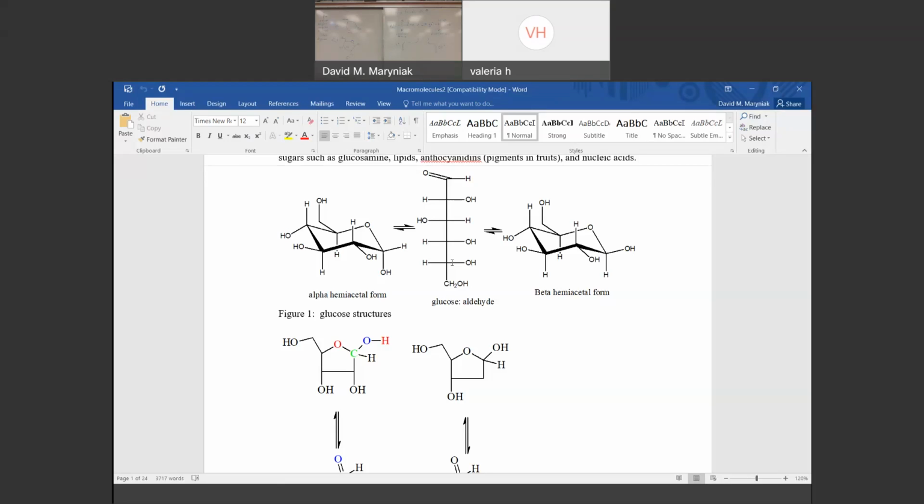So in sugar chemistry, we could use R and S, but the convention that most use are D and L. And it's this carbon that makes it D or L. So if this OH goes to the right, that's D, and that's the most common form of most of your sugars.